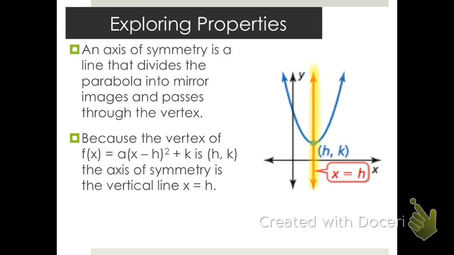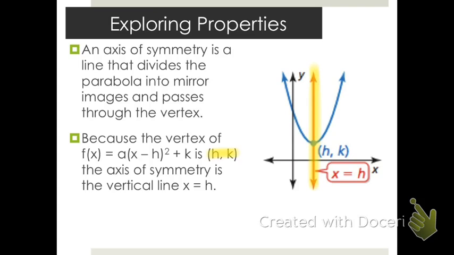Because the vertex of the quadratic function f of x equals a times (x minus h) squared plus k is (h, k), the axis of symmetry is a vertical line at x equals h. So a vertical line is always represented by x equals wherever my vertical line is.